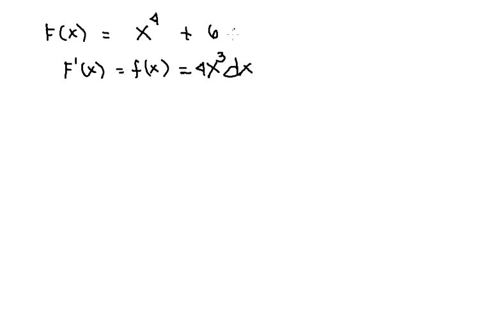Since this constant here is just 0, the derivative of constant 6, any constant, is 0. So I do not write the plus 0 there. So our final answer, the derivative of this, is 4x cubed dx.